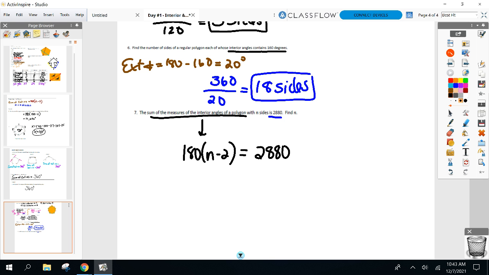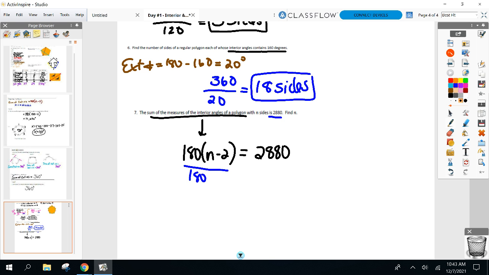What you want to do is multiply 180 times n and 180 times negative 2, so you're doing the distributive property. Or you can get rid of the 180 by dividing both sides by 180. Those are really your only two options. Don't be adding 2 over. That's a no-go.